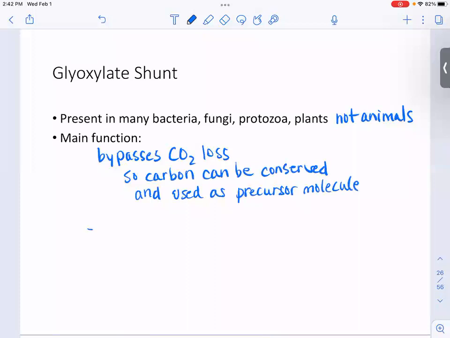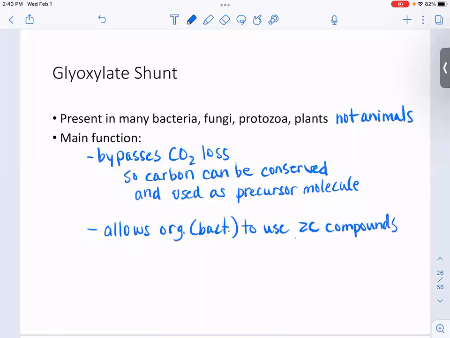And one other point is this allows organisms, especially bacteria, I'm not sure if other organisms can do this as well, but I know bacteria can, to use 2-carbon compounds, things like maybe acetate or ethanol, as an energy source when glucose isn't present.